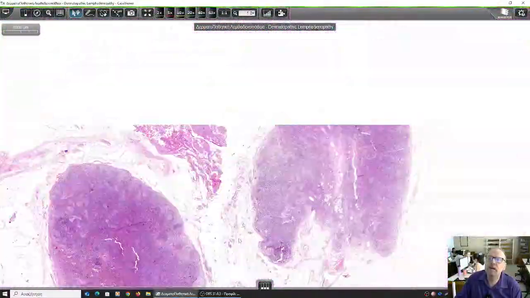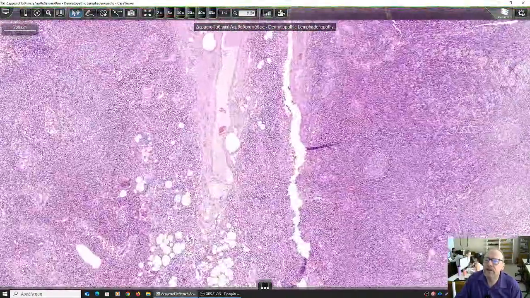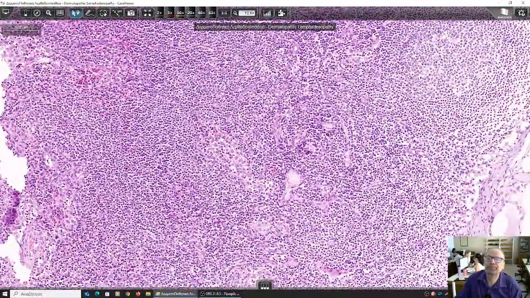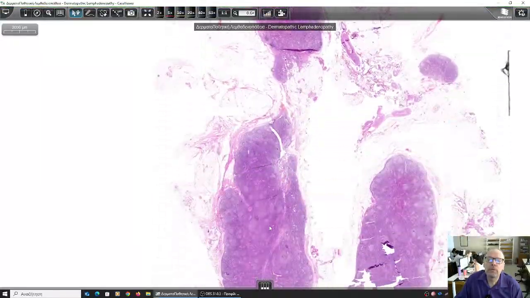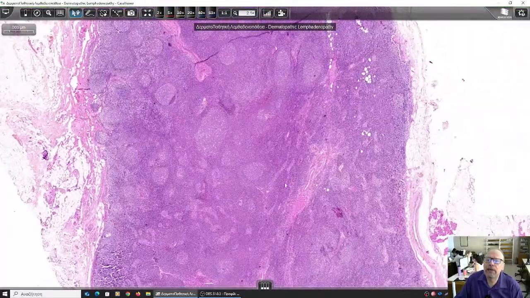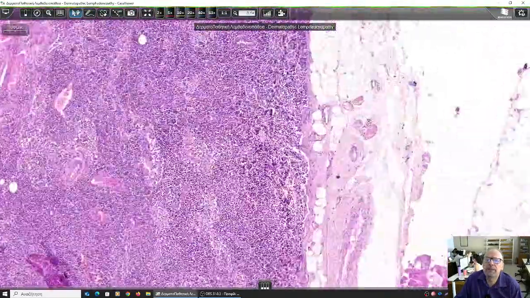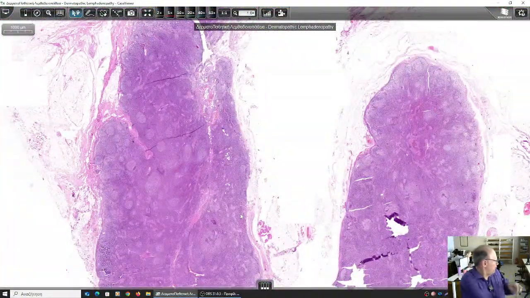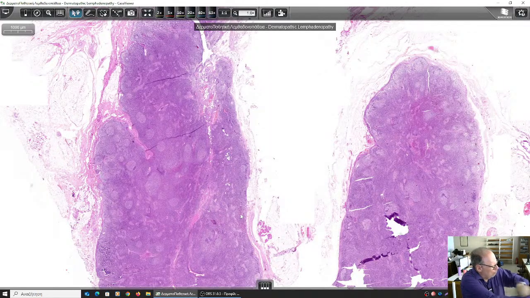So these are macrophages. The expansion of the T zone is due to macrophage accumulation. So how could pigment reach the lymph node? Perhaps you have an itchy skin lesion, and as you scratch the lesion, melanin comes into the dermis.